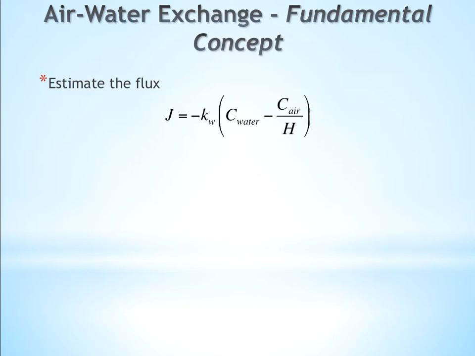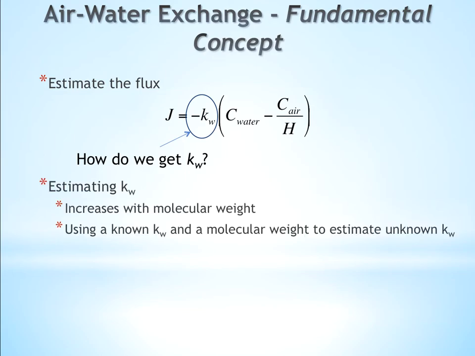Okay, so we've got this equation now, and how do we get KW? KW is not something that we always know. Sometimes there is a table that will show you KW of some gases or pollutants, but not all of them. So we can estimate KW, and we can do that using what we know about molecular weight and the fact that KW increases with molecular weight, and a known KW and molecular weight.